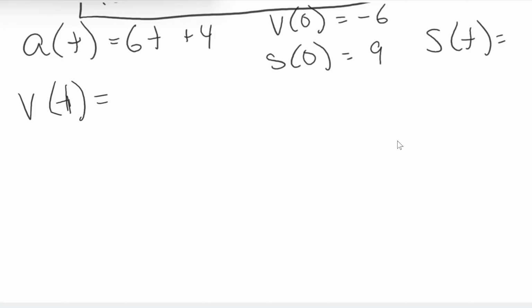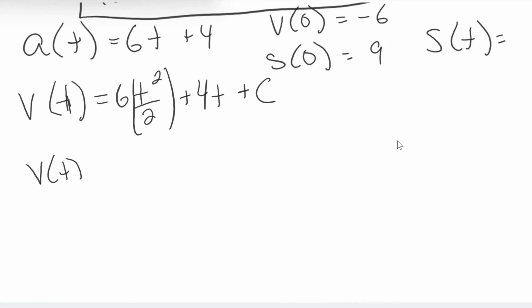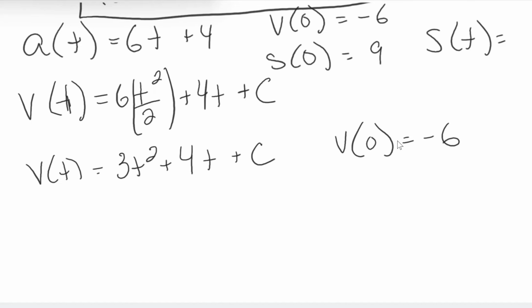All right, so what's my velocity? So 6t squared over 2, plus 4t plus c. So 3t squared plus 4t plus c. And we know that the velocity at 0 is negative 6.